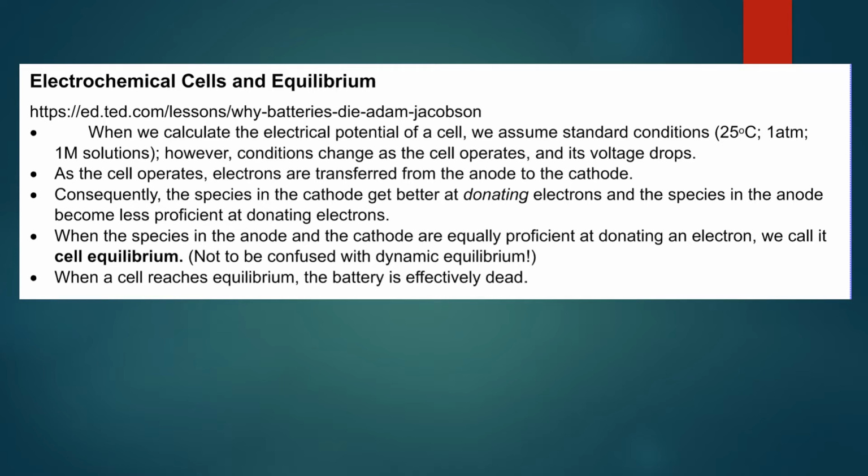When the species in both the anode and the cathode are equally proficient, that's what we call cell equilibrium. So that's when we observe a dead battery. It's not the same thing as dynamic equilibrium, but we call it cell equilibrium because we observe no major changes and basically the battery is effectively dead. So different than a dynamic equilibrium, but we're still talking about something in balance.